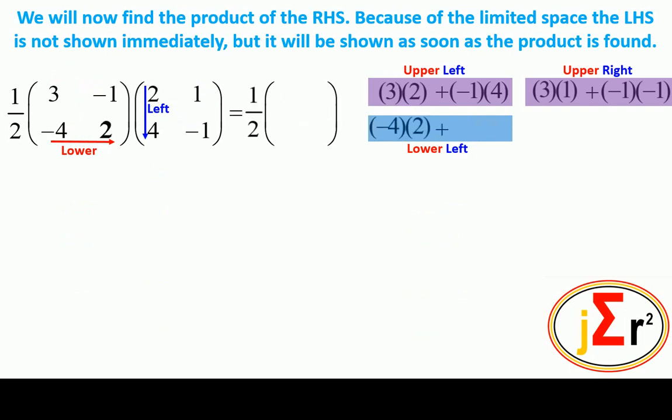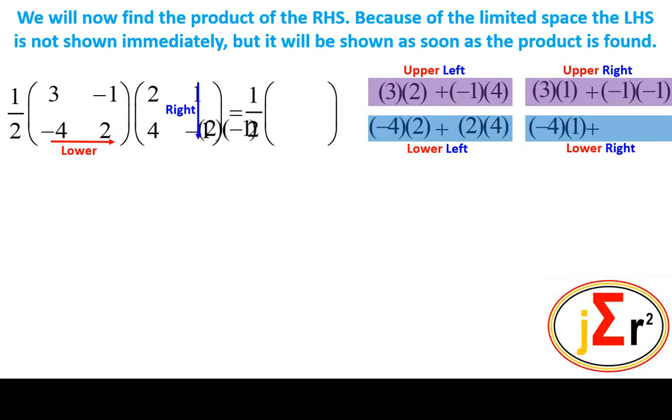The second times the second will be 2 times 4. Finally, remaining at that lower row, we go over to the right column. The first times the first, which is -4 times 1, then the second times the second, which will be 2 times -1.